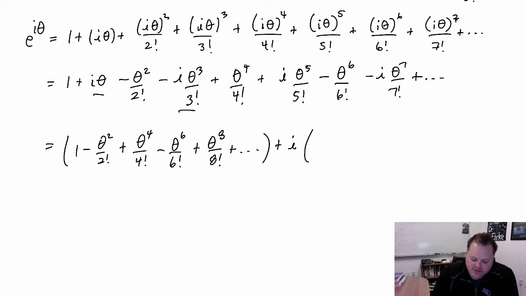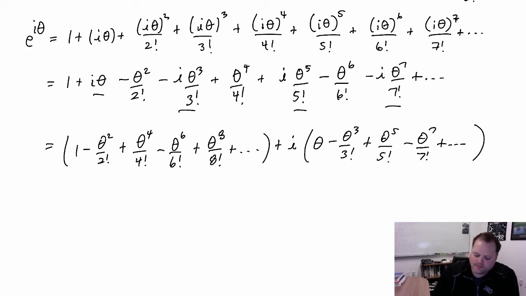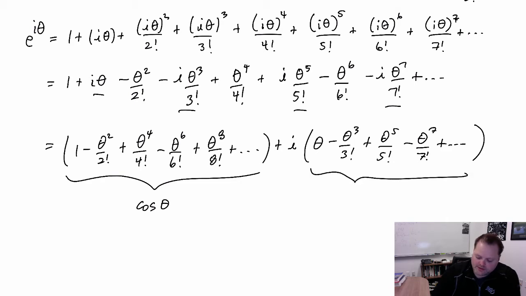Factor out the i, and what you have is theta minus theta cubed over 3 factorial plus theta to the 5th over 5 factorial minus theta to the 7th over 7 factorial, and so on. If you are a really good Cal 2 student and you remember these things, you should recognize them. This is the Taylor series for cosine. This is the Taylor series for sine.